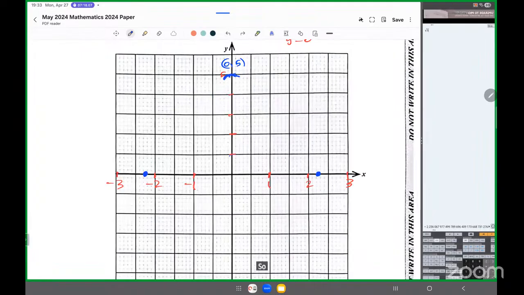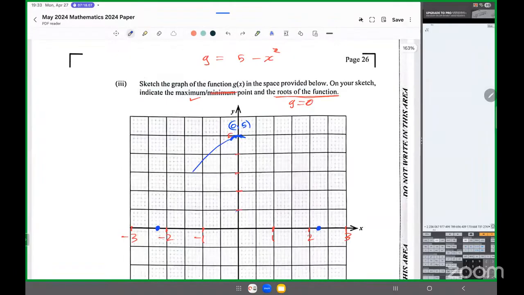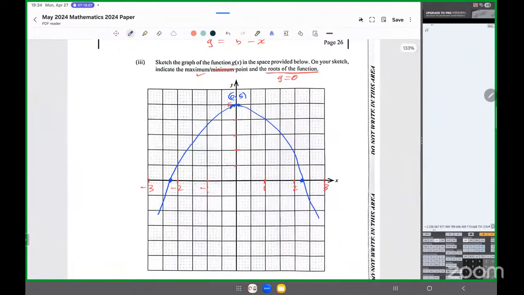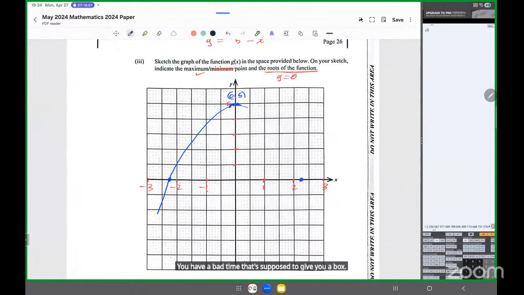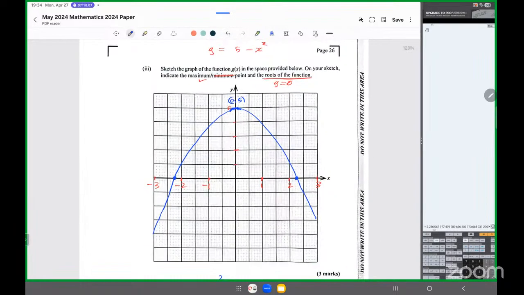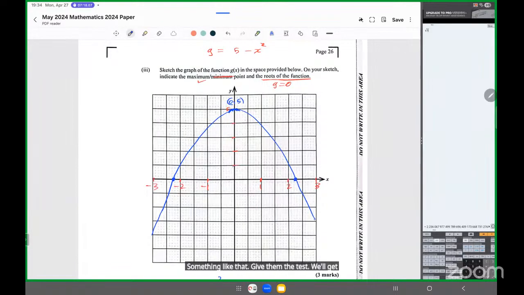So we cannot do it like this. Give them that and it's supposed to get you a mark.